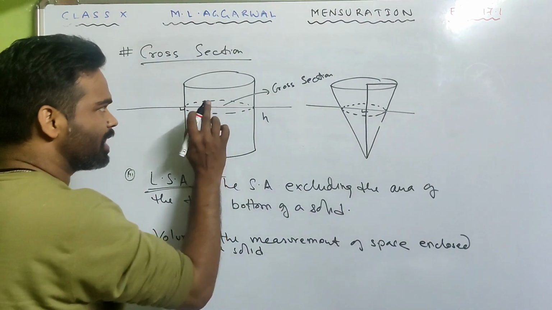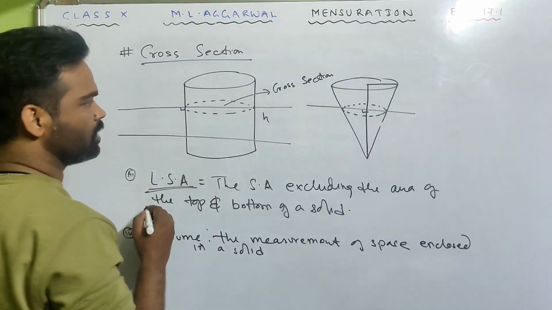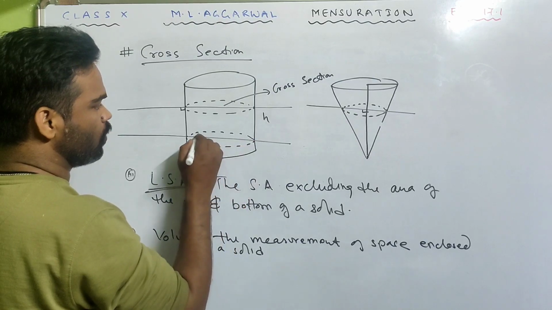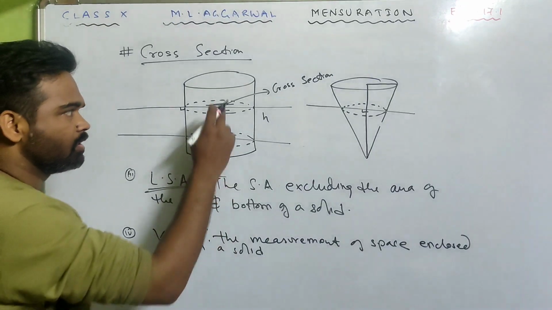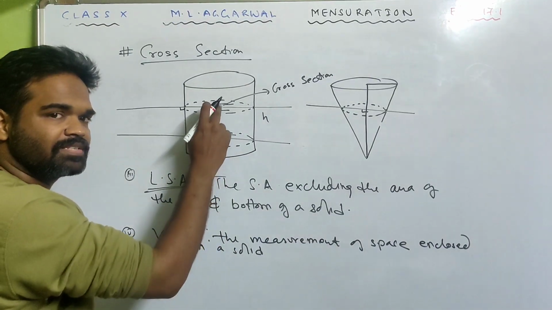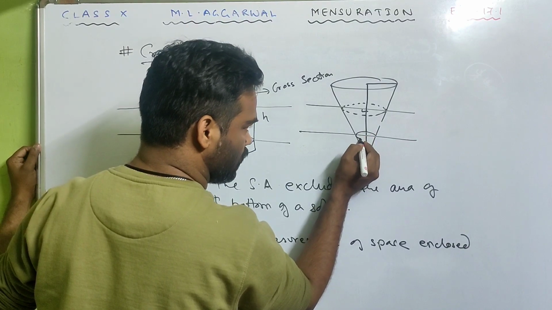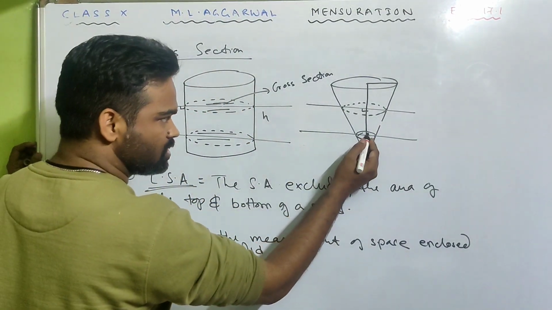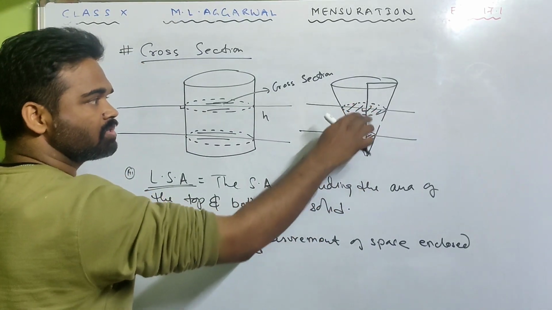Now if you look at a cylinder, if I make a cut over here, then the surface exposed over here and here, the areas will be the same. They will be the same surface, but in case of a cone, if I make a cut over here at a different point, then this surface and this surface are not the same. The areas are not the same.